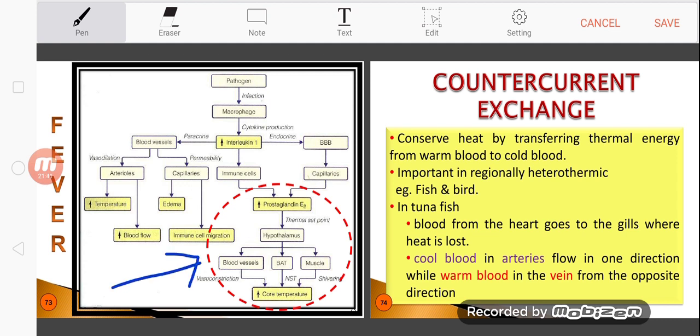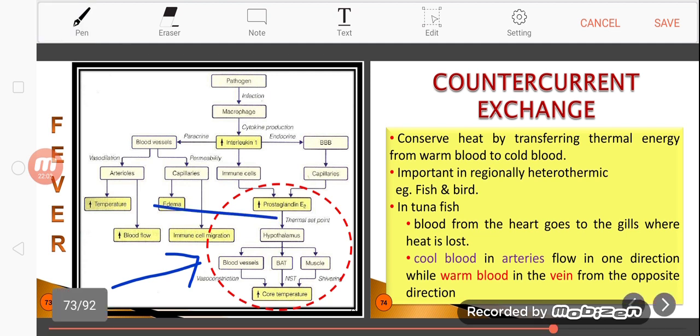The actor or the regulator is the immune cells. The immune cells detect the endotoxin and produce the pyrogen.